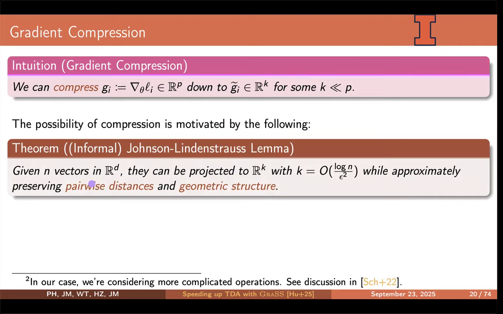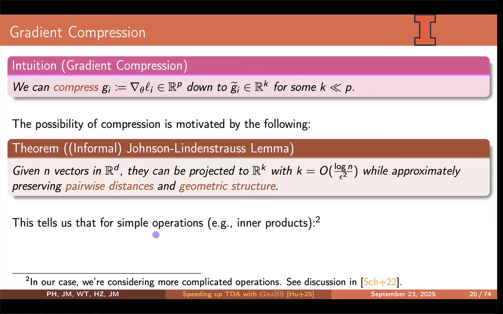It basically tells us that, given n vectors in high dimension, we can project them down to logarithmic dimension while approximately preserving all the pairwise distances or pairwise inner products. Or if you like a more intuitive explanation, that basically tells you that you can compress all the vectors down to very small dimension without destroying the geometric structure.